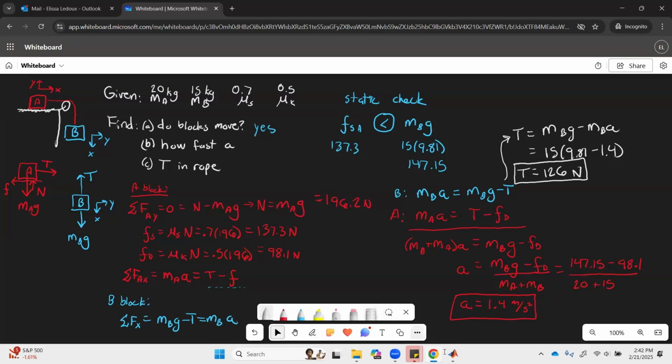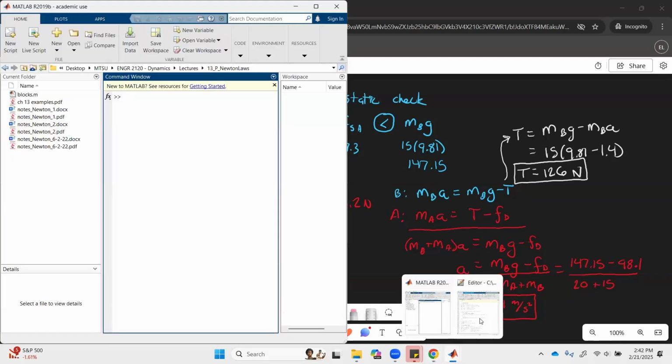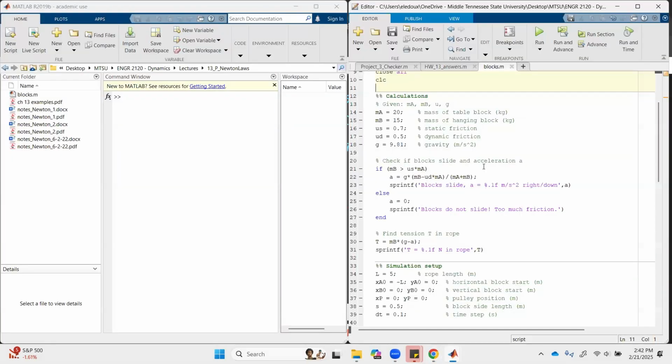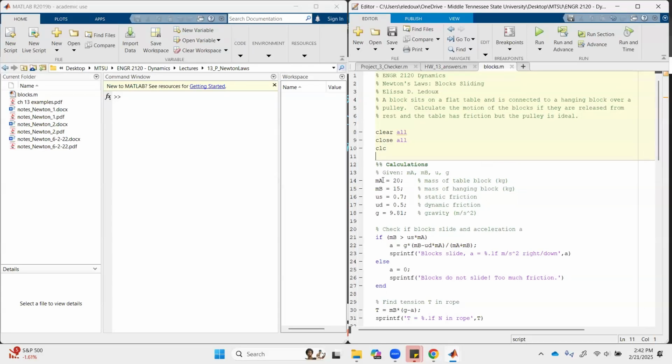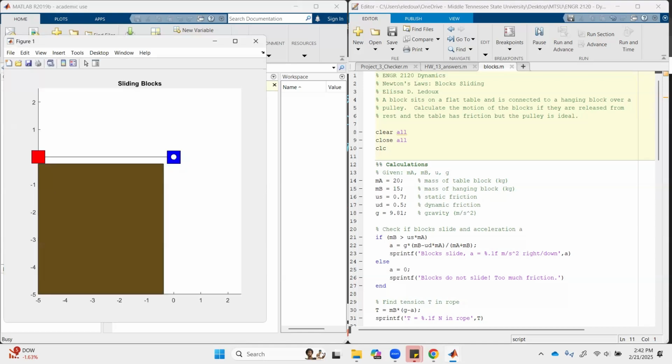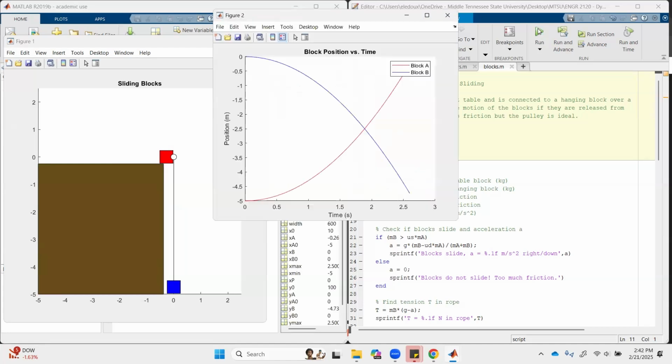We'll look at a simulation of this. So here in MATLAB, I have put in the mass of A and B, the static and dynamic friction, and acceleration due to gravity, and I have a check to see if the blocks slide and what the acceleration is if they do. So we run that. We can see there that the blocks do slide, and also here's their position.